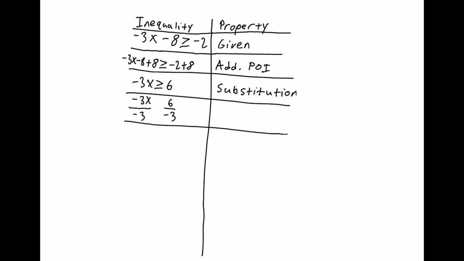However, you need to remember, when you multiply or divide both sides of an inequality by a negative number, you need to change the sign. So it goes from being greater than or equal to less than or equal to. And this is the negative division property of inequality.